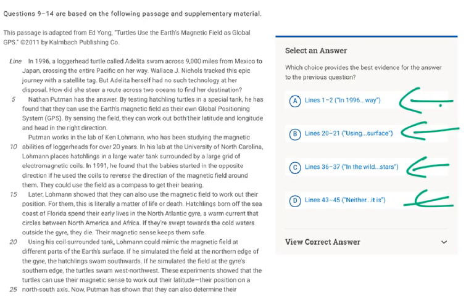So first things first, what I want you to realize is that on the actual test, you'll have it listed in a certain order. This is pulled from the Khan Academy website, and it's from the College Board, and they go question by question when you click on it. So you wouldn't be able to see this, but on the actual test, you'll be able to see the following question.